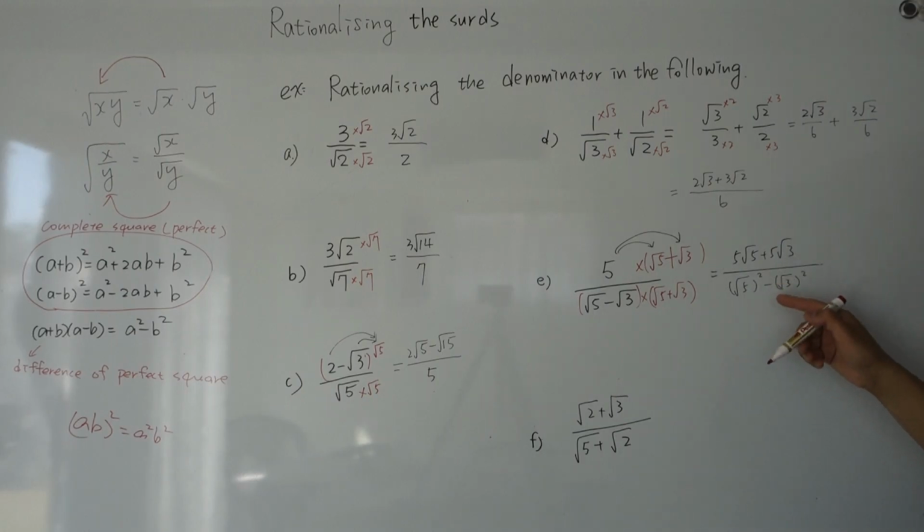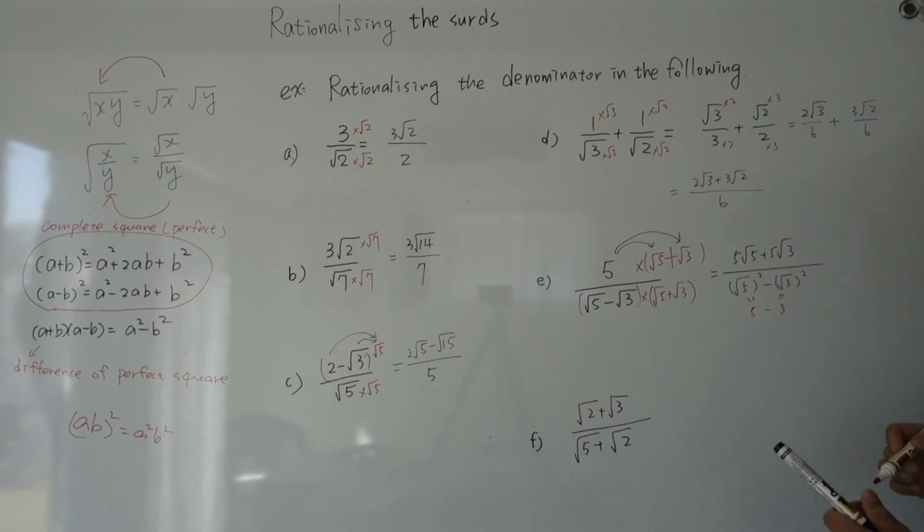Square root 5 squared becomes 5, 5 minus 3, right? So the answer becomes bottom 2, top 5 square root 5 plus 5 square root 3.